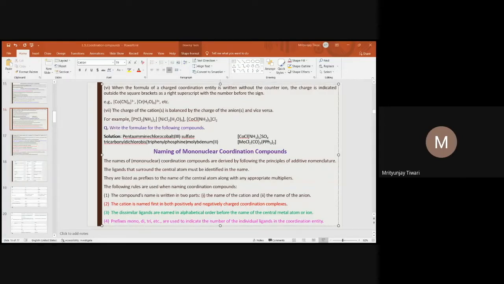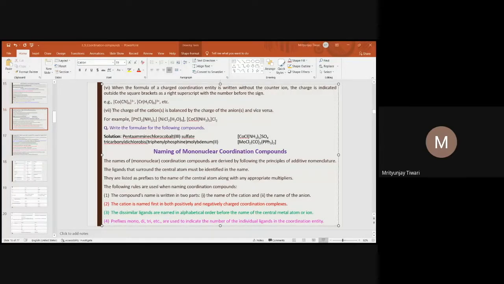And the pentaammine. Ammine is the name that is recommended for a ligand when the ligand is ammonia. The name ammine for the ammonia ligand is recommended by IUPAC. So this ammine represents ammonia, and how many ammonia are there? Pentaammine, so five ammonia molecules are there, and ammonia is a polyatomic ligand.